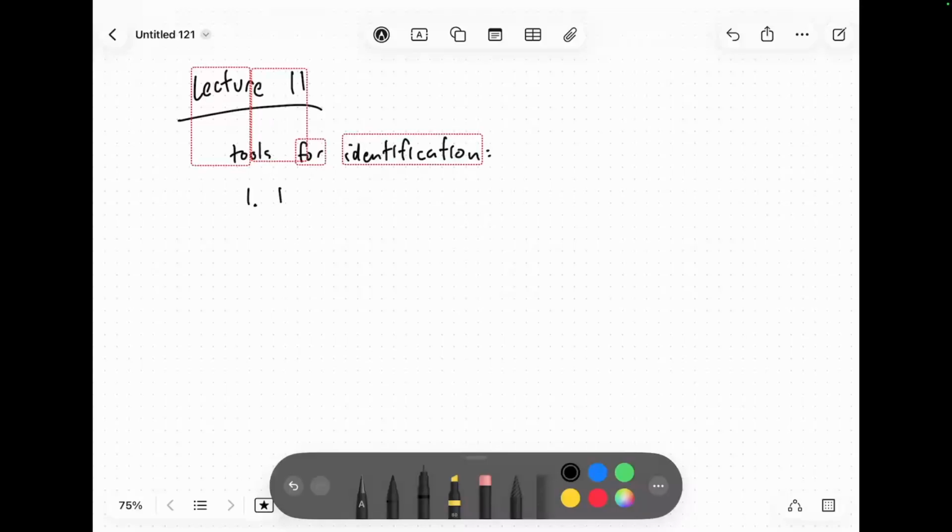So one is fixed random effects. Two, differences in differences.